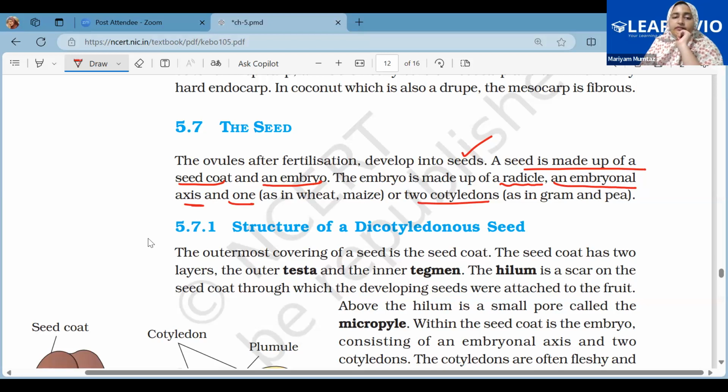One cotyledon if it is a monocot, where the seed can't be split into two, such as wheat and maize. Two cotyledons, such as in gram and pea, where you can separate the seed like that.